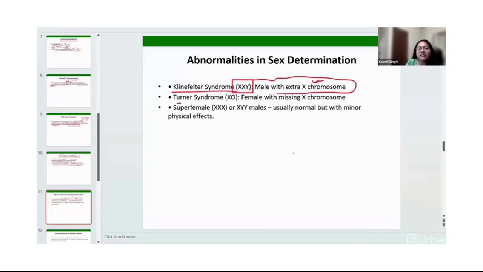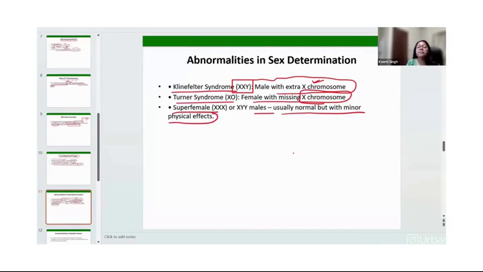Another one is Turner syndrome. This will happen when a female is born, but the other X chromosome of the female is not present, right? And another one is the super female or super male. They are usually normal but show some minor physical effects.